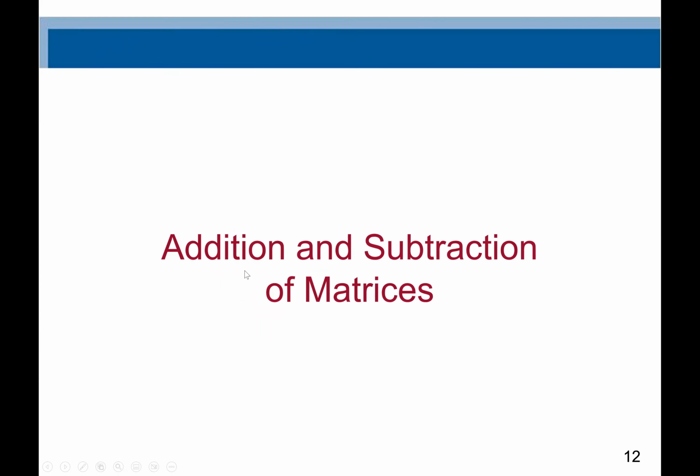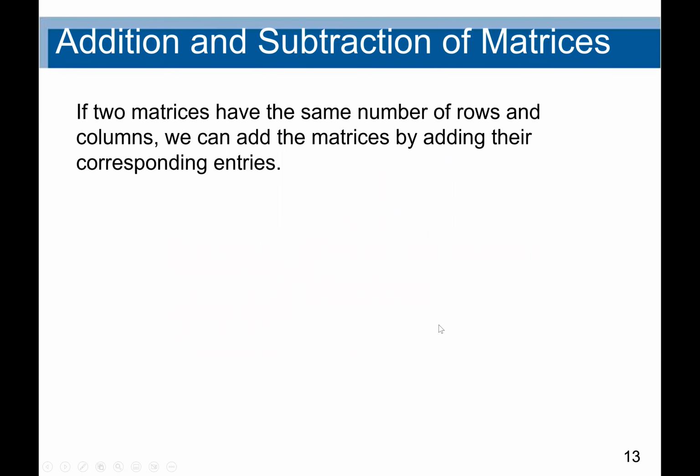So next we will go through the addition and subtraction of matrices. Now, if you have 2 or more matrices and you want to add them or subtract one from the other, the first rule that we should know is that the 2 matrices must have the same size. They must not be equal, or they can be equal, but the rule said they must have the same size.